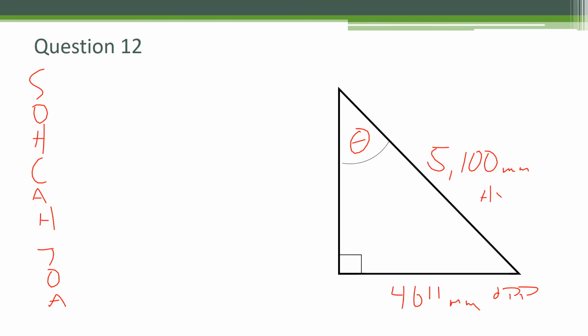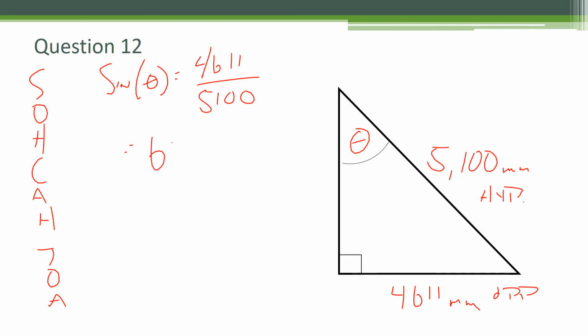And the hypotenuse. Boom. Well, when it's opposite on hypotenuse, sine. So it's going to be sine of I don't know is equal to the opposite side, 4611, over the hypotenuse, 5100. Okay, so to solve this, I would go 4611 divided by 5100 equals shift sine, and you get 65 degrees.